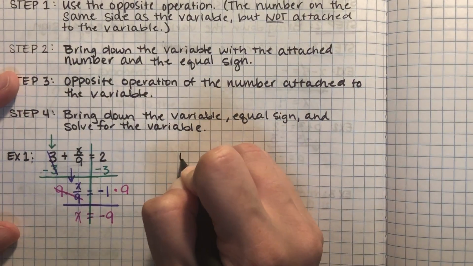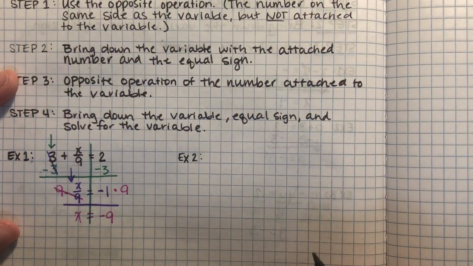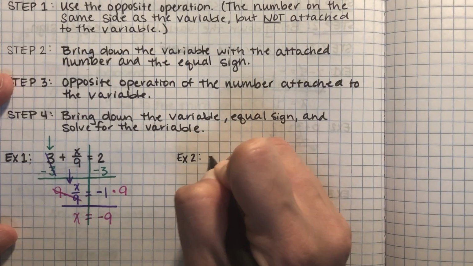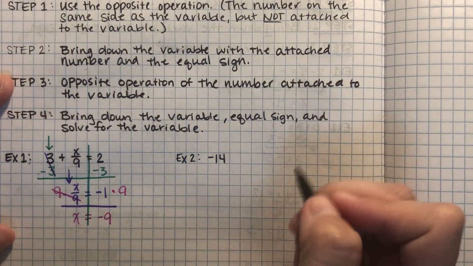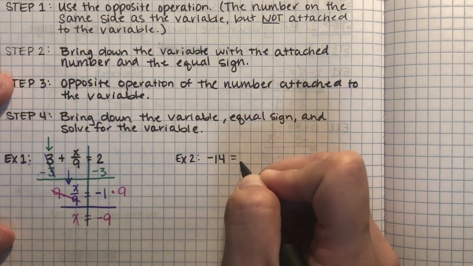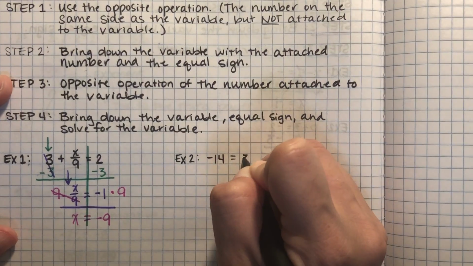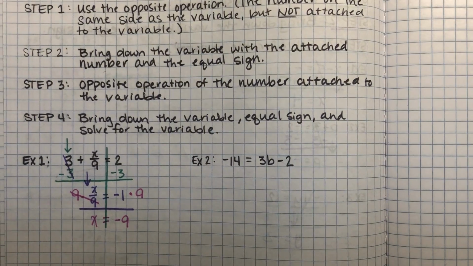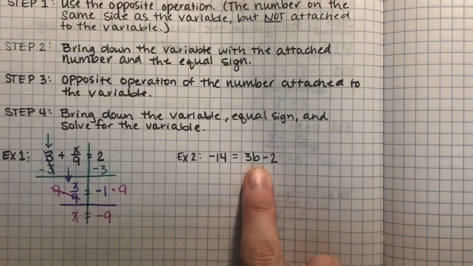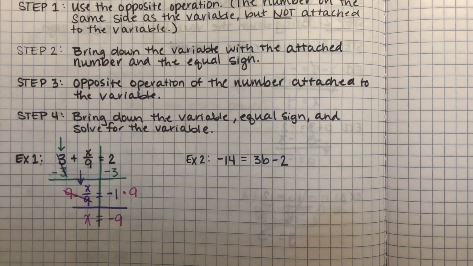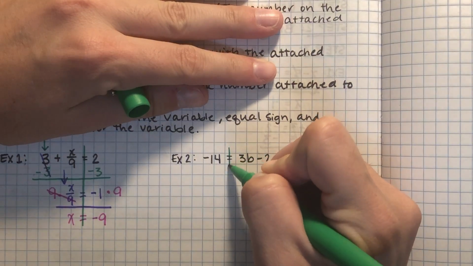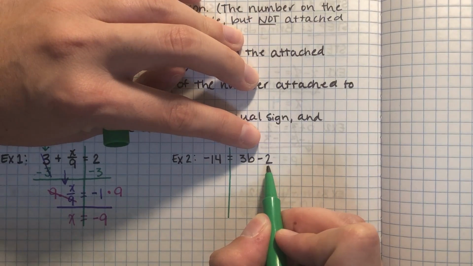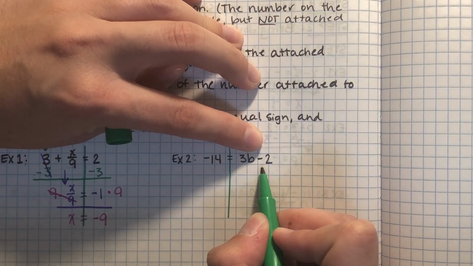Let's try example 2. For example 2, let's do negative 14 equals 3b minus 2. Okay, this time you notice that the variable is on the other side, the right side. Doesn't matter, still the same thing. So if we were to split this, we're going to start with the number on the same side as our variable, but not attached.